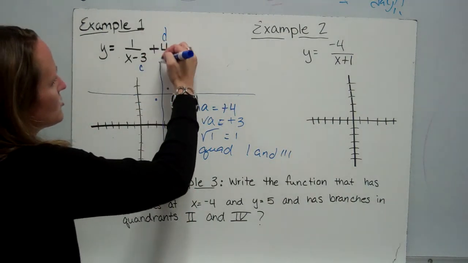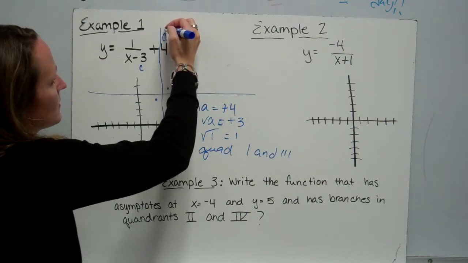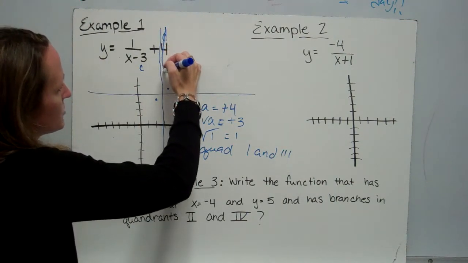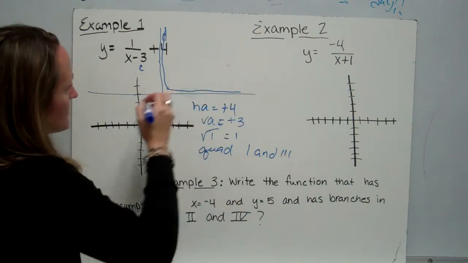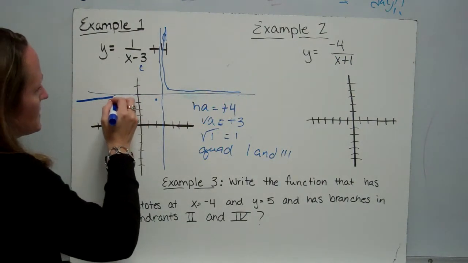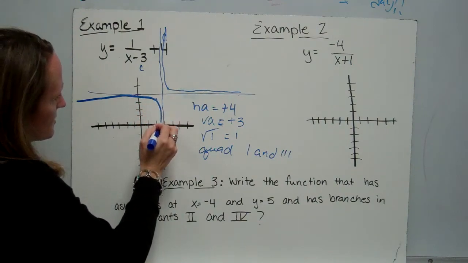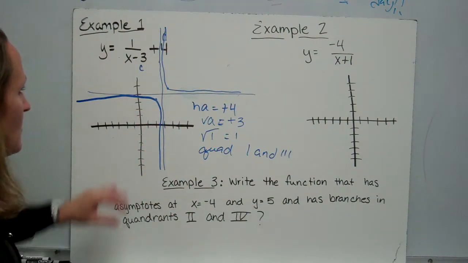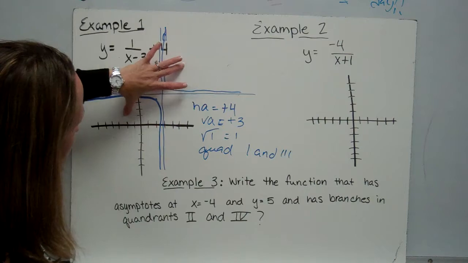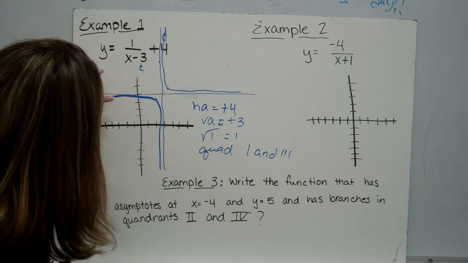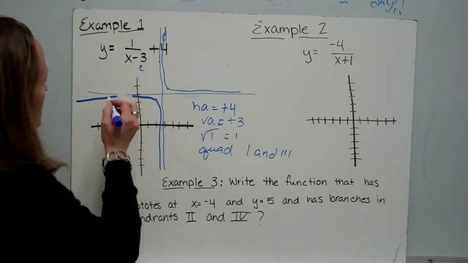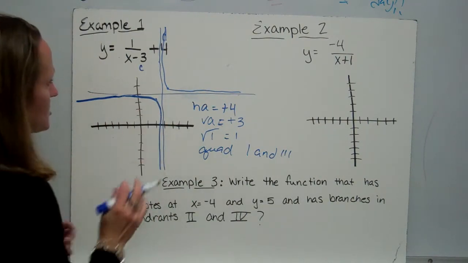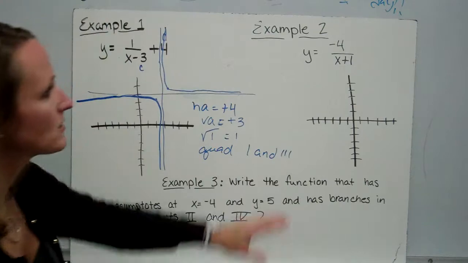So now when I go to draw, I'm going to come down really close because I want it to get closer and closer, but I don't want it to touch. Whoops, that one touched. Okay, so it's 1 and 3, really close to my asymptote, but not quite touching.